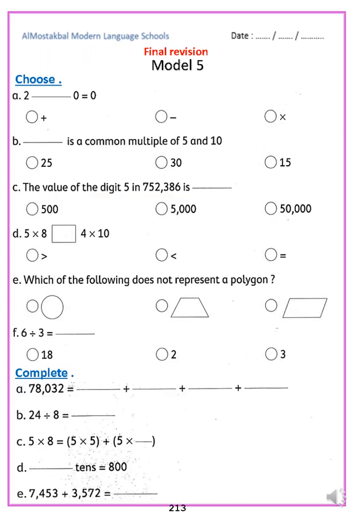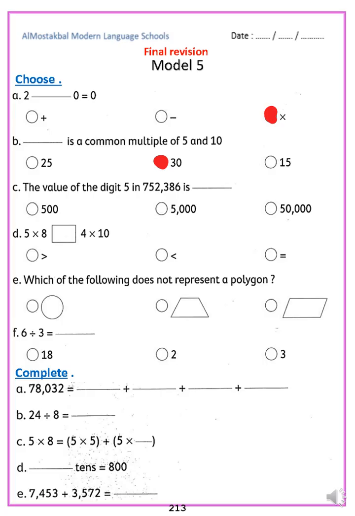Model 5. Choose. 2 by 0 equals 0. The next question. Space is a common multiple of 5 and 10. 30. The next.